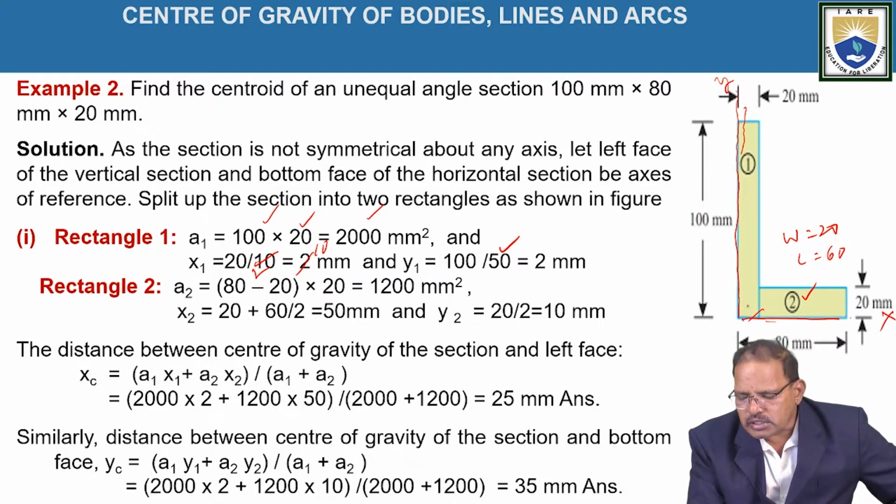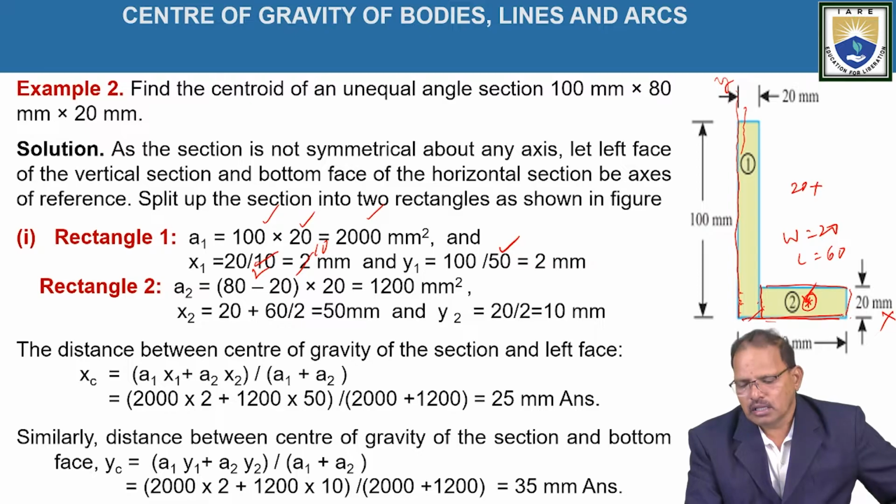Similarly, x2 is the position of the centroid of the second rectangle with respect to the y-axis. Here this thickness of 20 is already given, so we have to take 20 because this distance is required. It lies just in the middle of this rectangle.